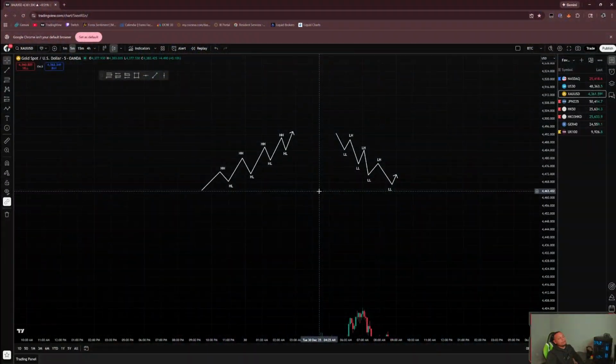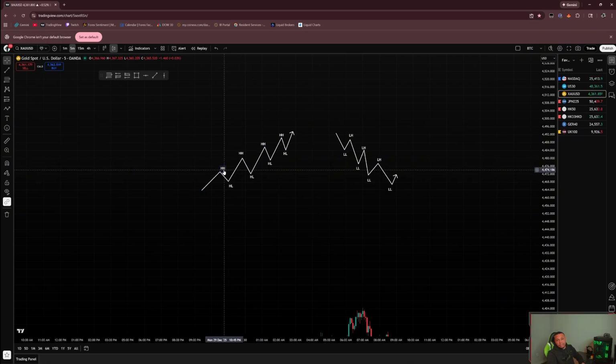All right, so I have a little graph here of what market structure is. Market structure is basically when trend is changing or if we are starting to go into an uptrend or a downtrend. This little graph shows we have a HH that stands for higher high. We have a HL that stands for higher low.